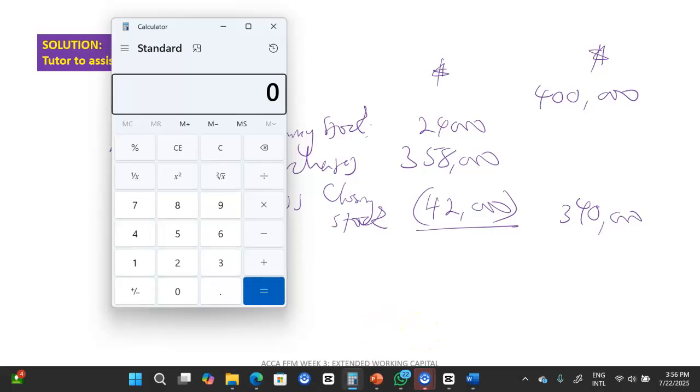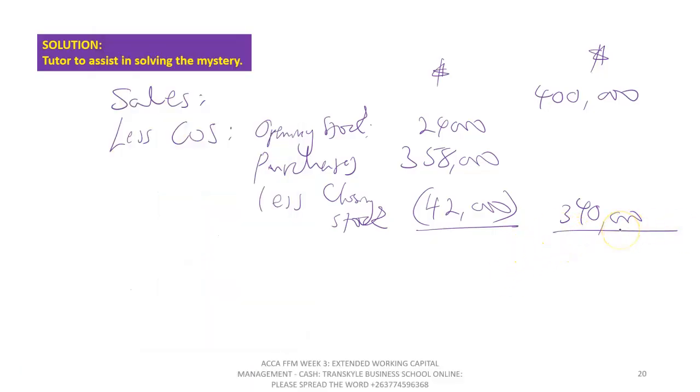We are simply saying 24,000 plus 358,000 minus 42,000. That's 340,000. Okay.